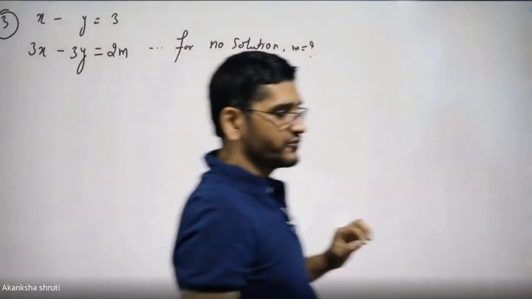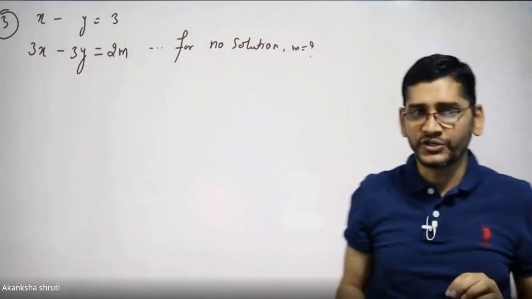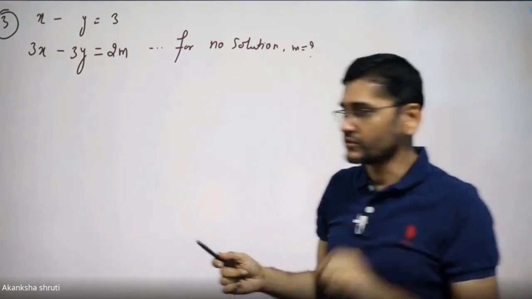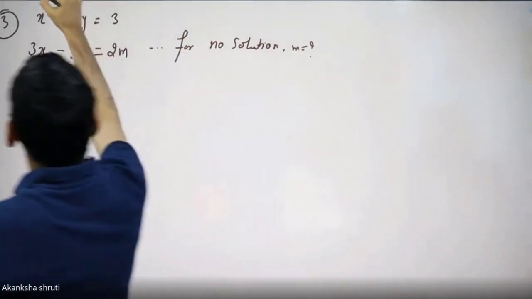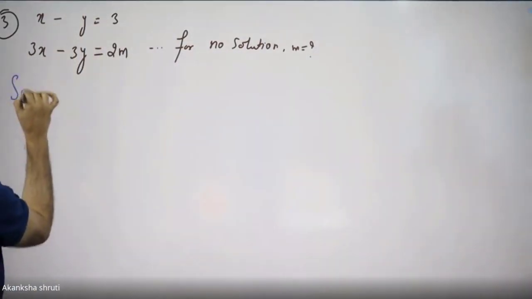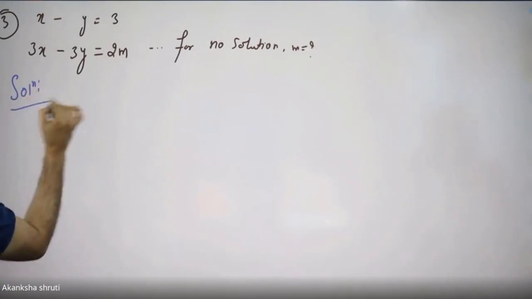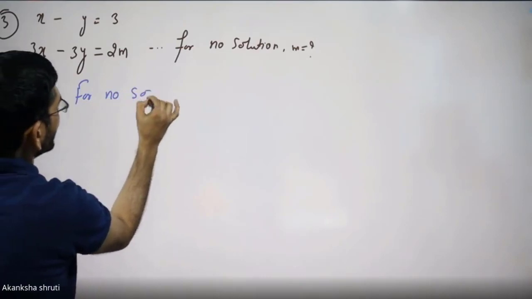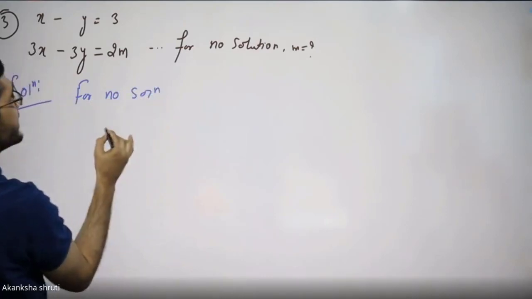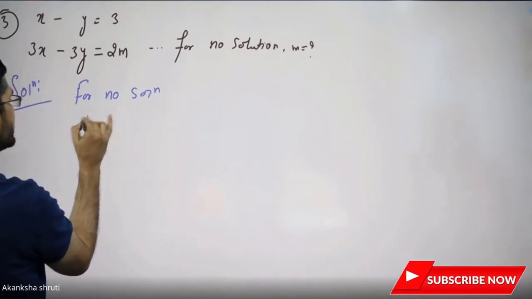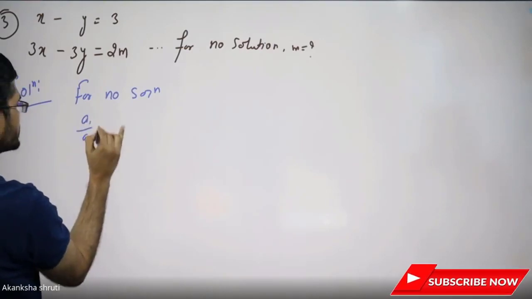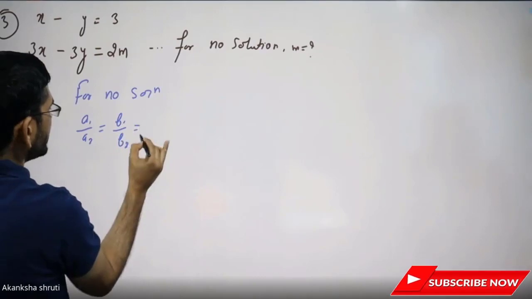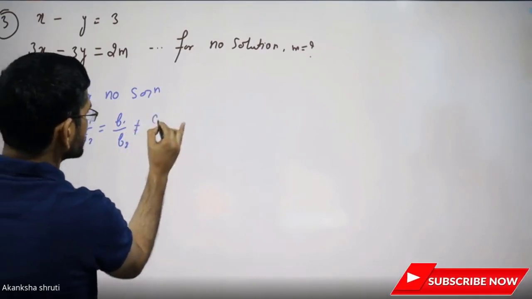Student, let us come to the third question. Here again we have to find the value of m for no solution. So write the condition for no solution, that is, inconsistency. The condition is a1/a2 should be equal to b1/b2, but should not be equal to c1/c2.